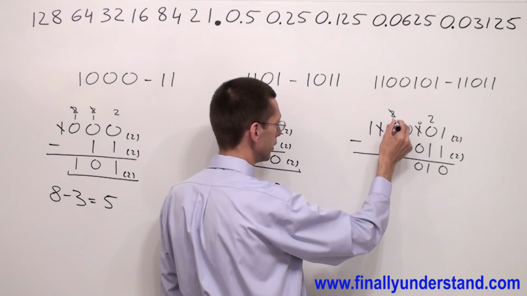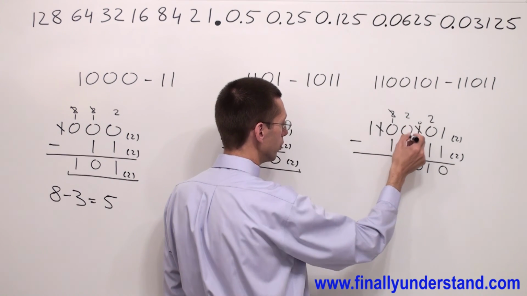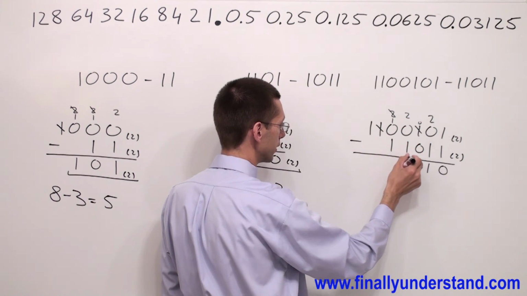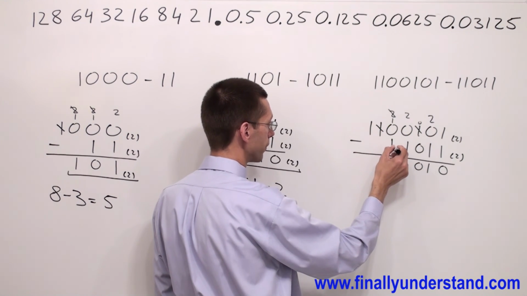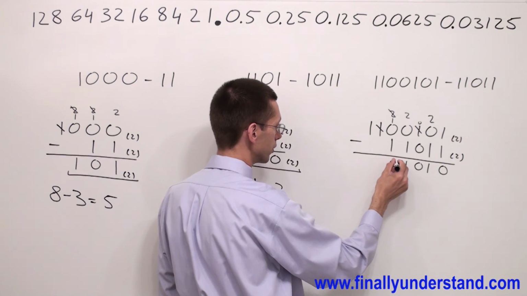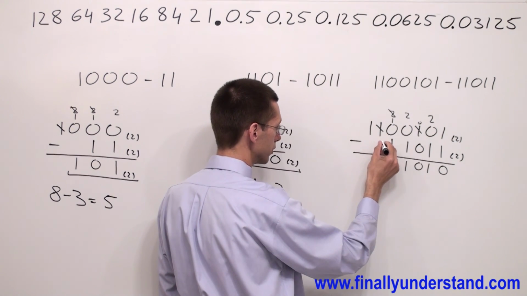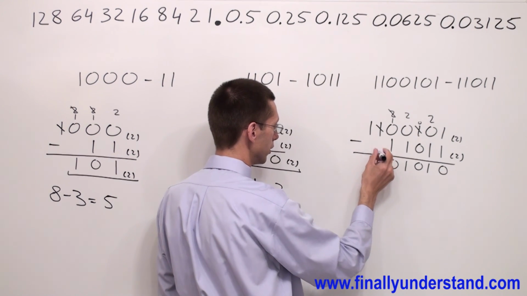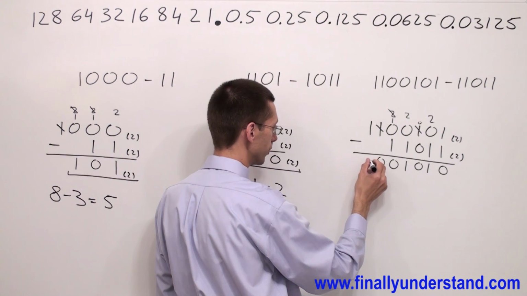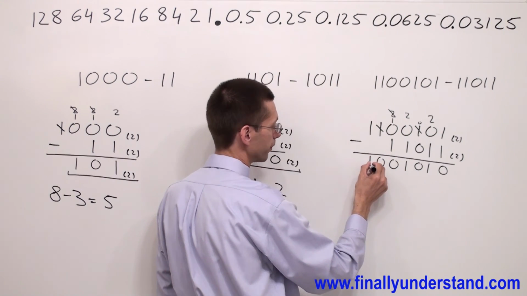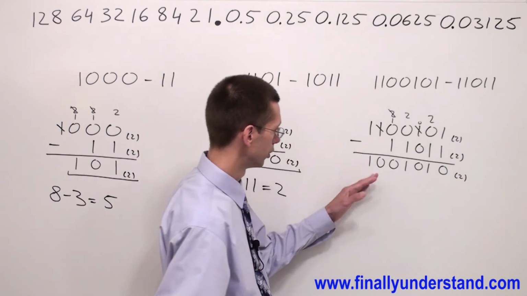This becomes 1, and I'm going to have 2 over the next bit. 2 minus 1 gives me 1. 1 minus 1 is going to give me 0. 0 minus invisible 0 is equal 0, and 1 minus invisible 0 is going to give me 1. So this is the solution to my problem.